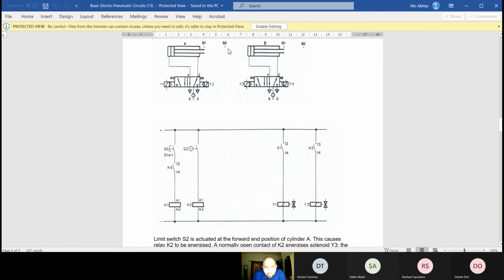When that extends out, maybe a sensor could be attached here, like a switch, and that will activate coil K2, and that will be Y2, not Y3. Does that make sense, people? Because you're not using that, you're just going to be using Y1 and Y2. So that'll be a Y2, not Y3. Have they called it Y3 because they've used Y3 for this second? Yeah, that's exactly it. That'll be A plus, B plus.